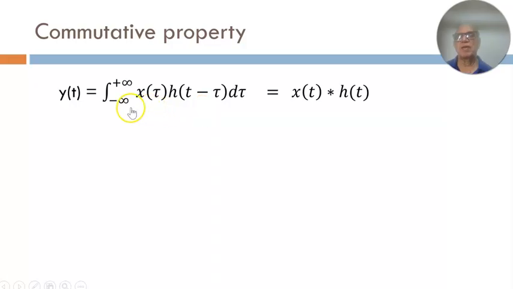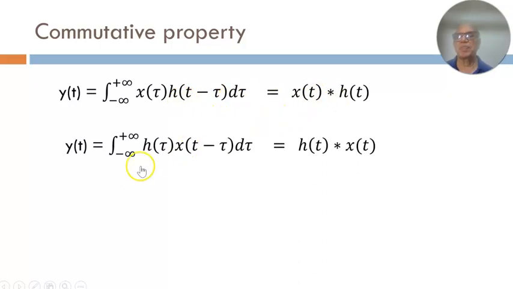Now, one important property of the convolution integral is that it is commutative in nature. Again, it can be proved, but right now I am just stating it, and we are going to use this result. If you write the expression in this form, you write it as x(t) star h(t).